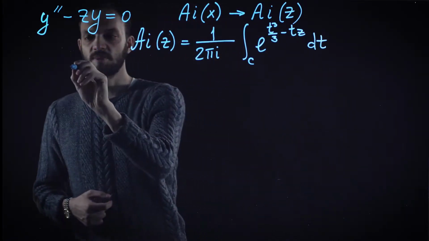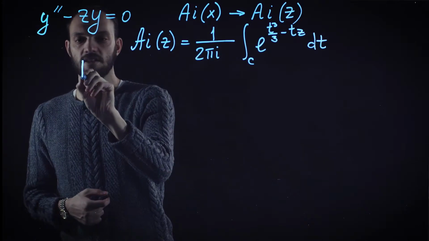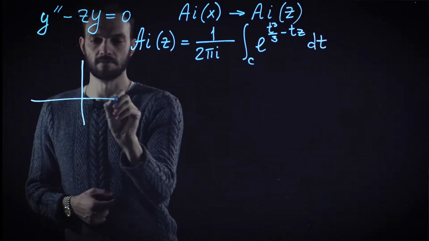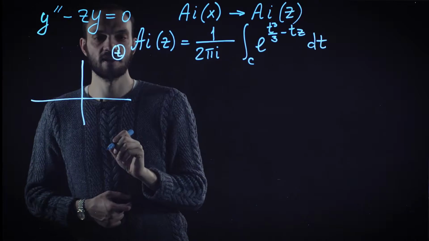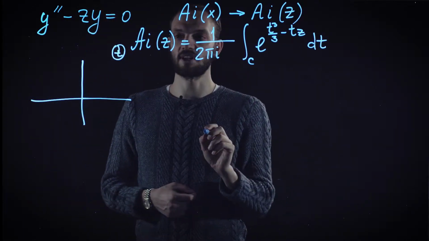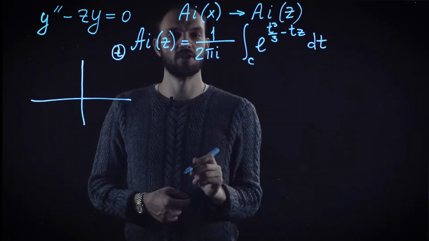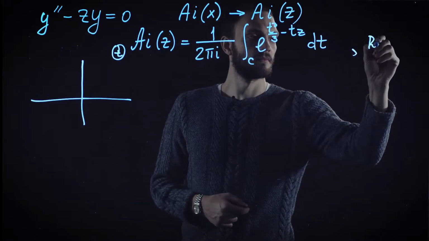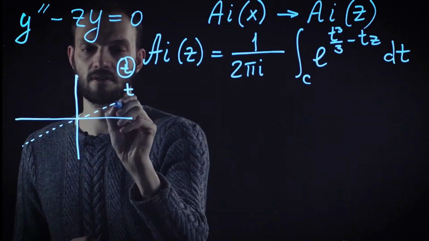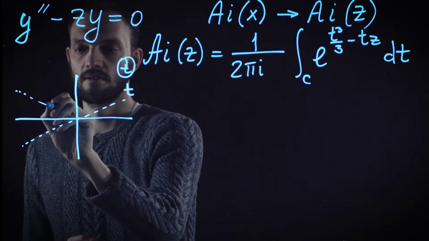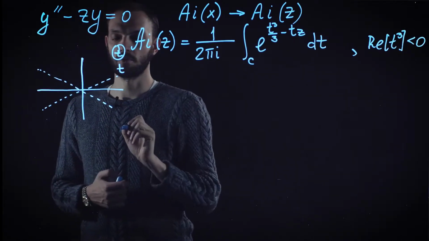In order to specify these domains, let us first draw the complex plane of T. In this complex plane, we need to choose such sectors that the real part of T cubed is negative.